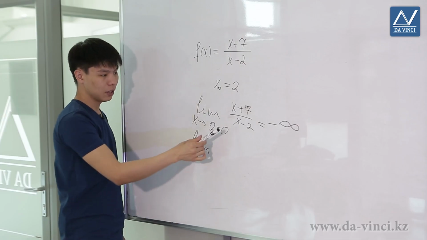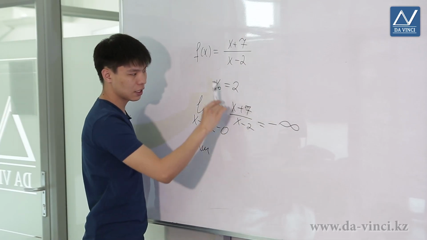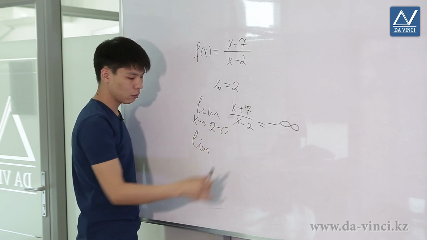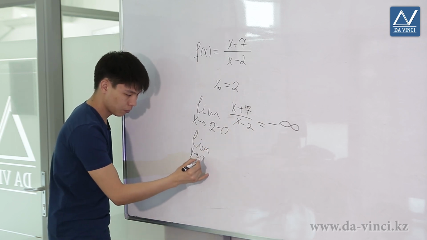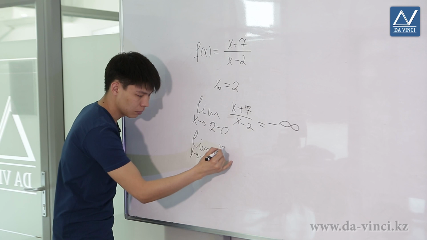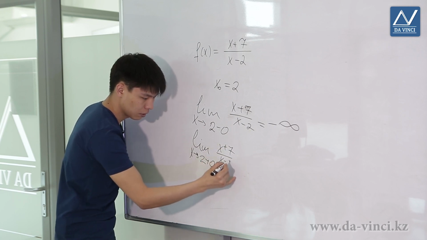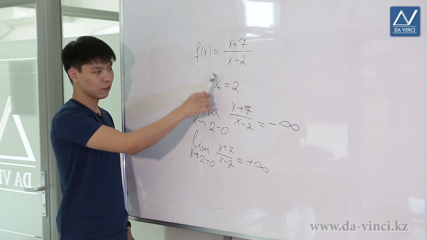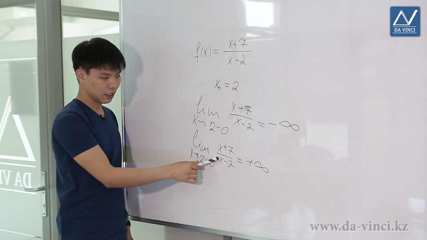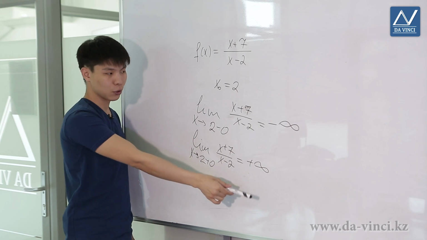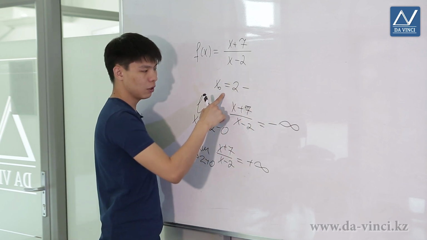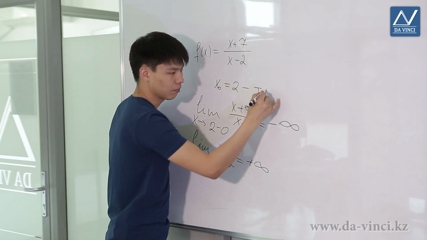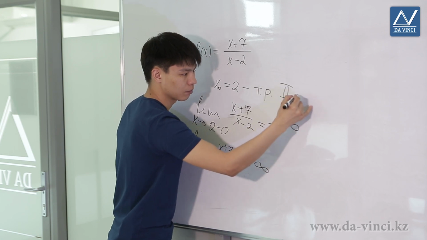Now we consider the limit from the right, although it is already obvious that x equal to 2 will be a discontinuity point of the second kind. If we count the limit from the right, we get plus infinity. Thus, the function at point 2 is not defined. The left and right limits go to plus and minus infinity. That is, x0 is a discontinuity point of the second kind.